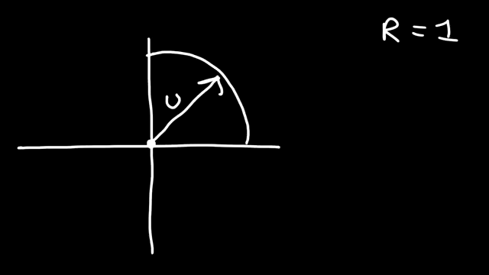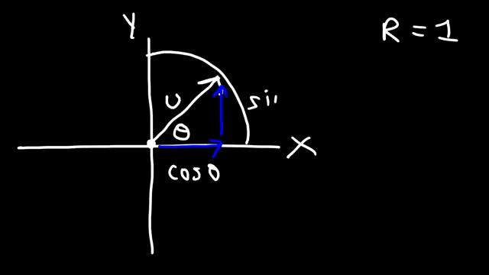Now, what is the x component of the unit vector, and what is the y component of it? Now, this unit vector will have an angle with the x-axis. And if you recall from trigonometry, the x component of the unit circle is cosine, and the y component is sine.